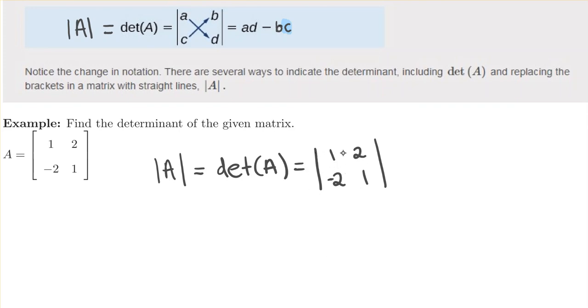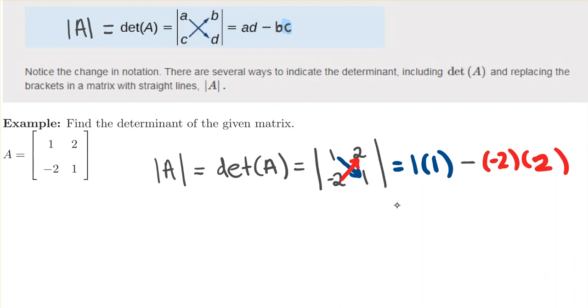So we would find the determinant by saying 1 times 1 minus negative 2 times 2. Okay, so negative 2 times 2.